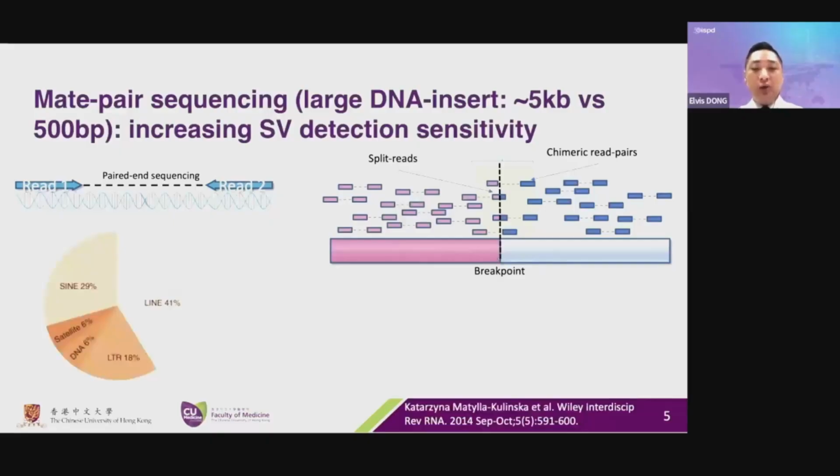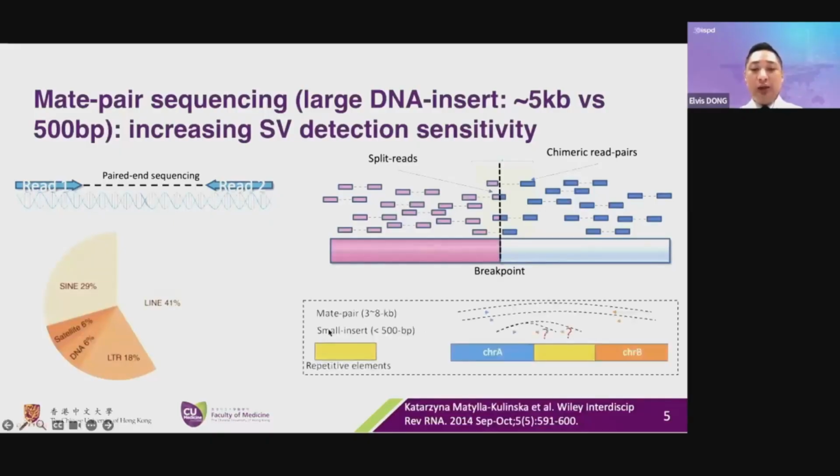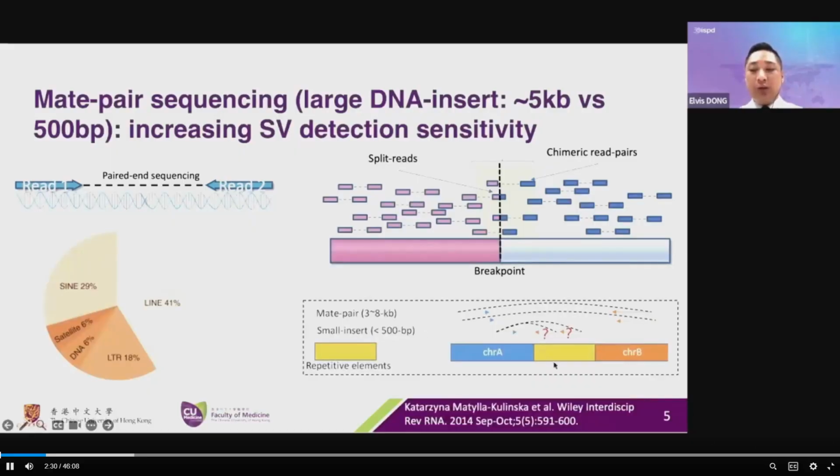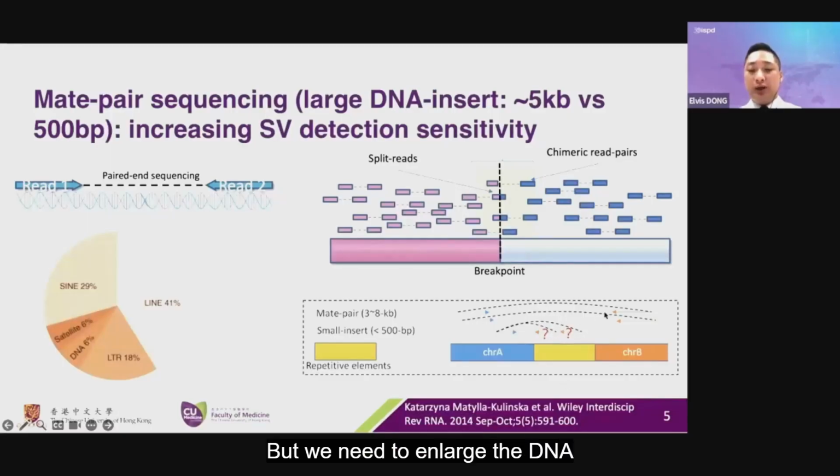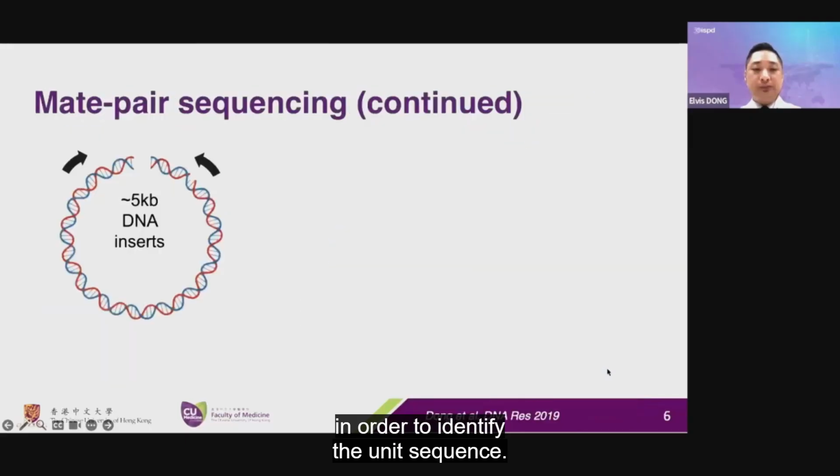But in the human genome, most structural variants are mediated by repeat elements. If we use the standard genome sequencing method, those mediated by repetitive elements will cause ambiguous alignment, which reduces the sensitivity for structural variant detection. We need longer DNA in order to identify the unique sequence.